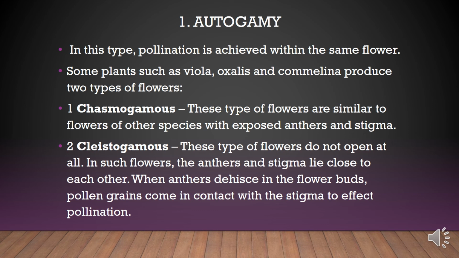In such flowers, the anthers and stigma lie close to each other. When anthers dehisce in the flower buds, pollen grains come in contact with the stigma to effect pollination. Thus, cleistogamous flowers are invariably autogamous, as there is no chance of cross-pollen landing on the stigma.